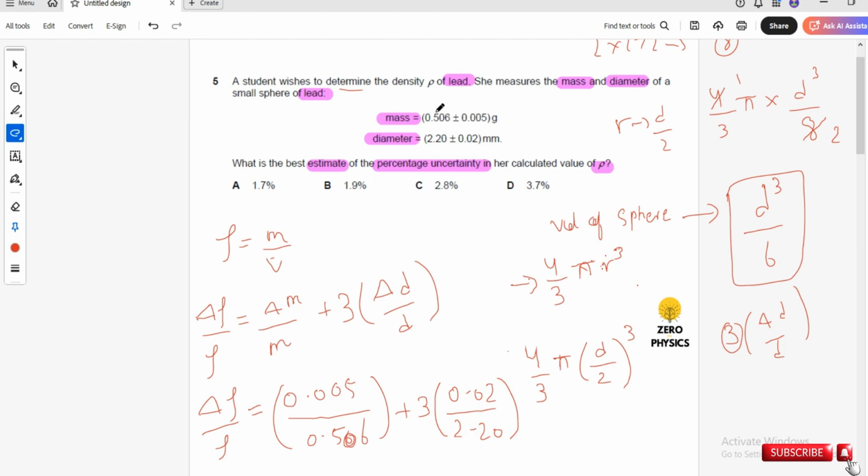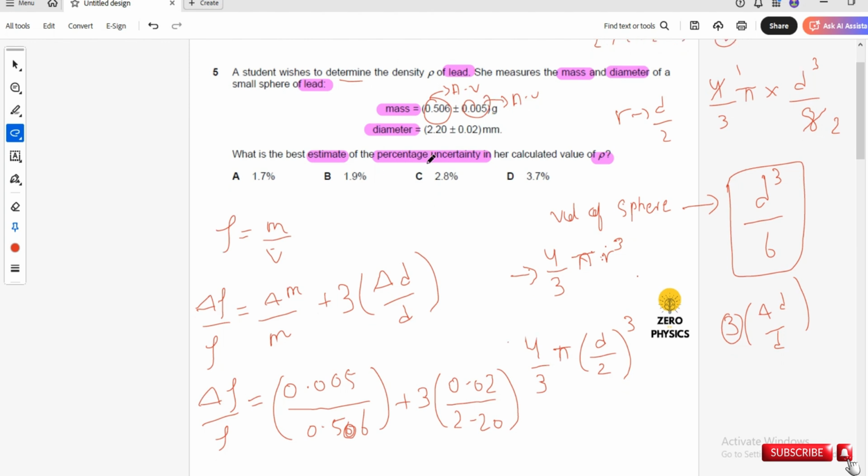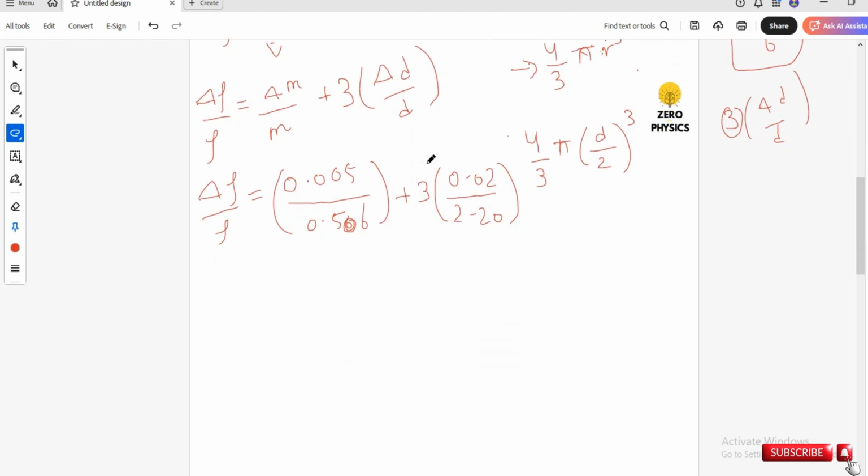This is the diameter. By the way, this value is the absolute uncertainty and this is the absolute value, so we write the uncertainty first and then the absolute value. We will multiply the whole thing by 100. Why? Because we have to find the percentage uncertainty. Let me calculate the final answer here.